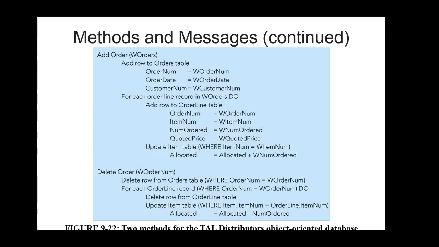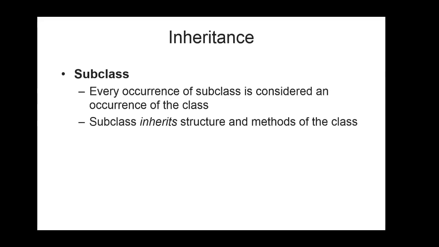In this figure, the second method deletes the order, which is called delete order. The only data a user inputs to this method is the order number to be deleted, which is also placed temporarily in wOrder num. The next thing that we are going to talk about is inheritance. A key feature of object-oriented systems is called inheritance.